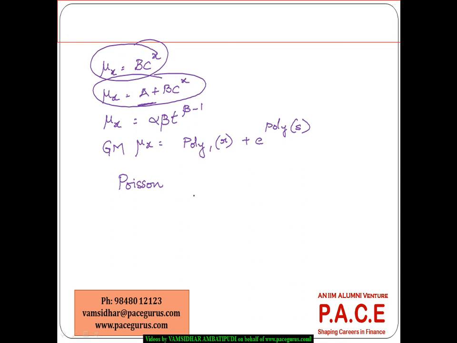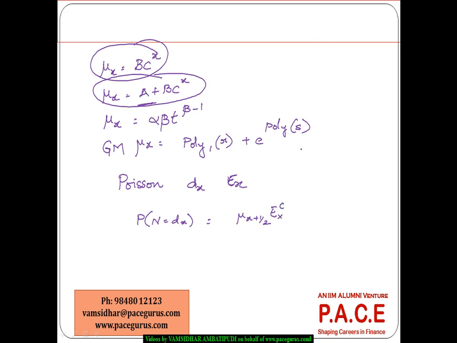So we know that in a Poisson model, the probability of observing dx number of deaths, if let's say my central exposed to risk, which is the observed time at risk, is ex, then in case of a Poisson model the probability of the number of deaths being equal to dx is nothing but based on the hazard rate mu x plus half into ex, the central exposed to risk.